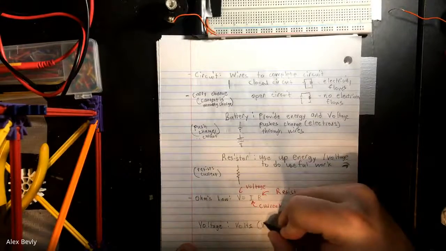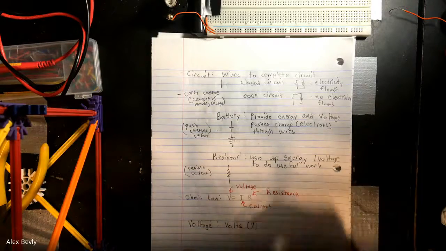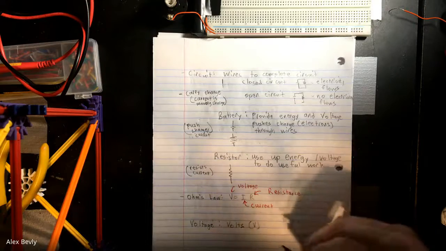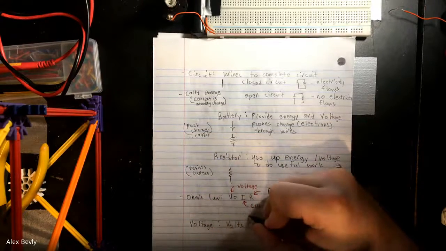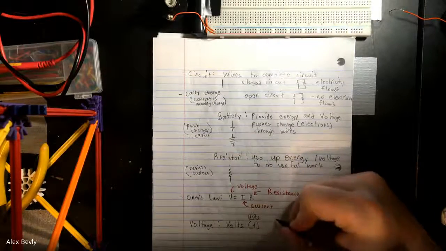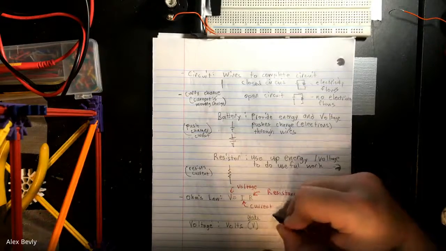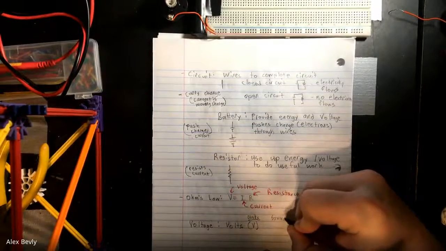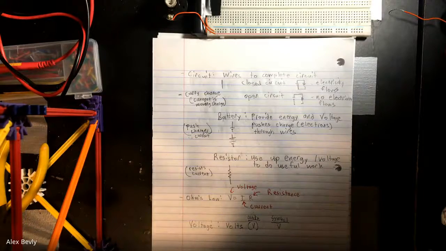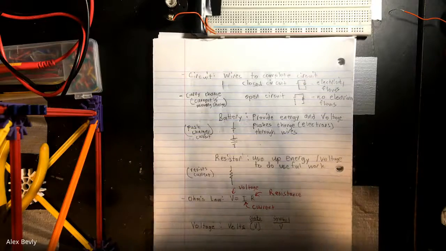The symbol is going to be V. So this one is nice. The units are going to be the same as the symbol, and the letter in the equation is also going to be a V. So voltage provides the push through the circuit.